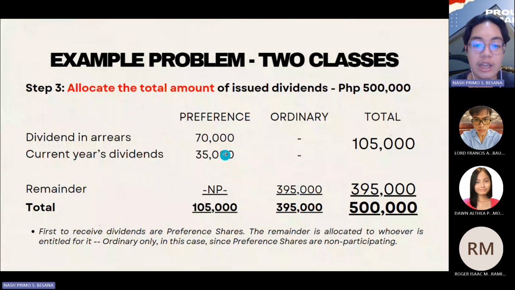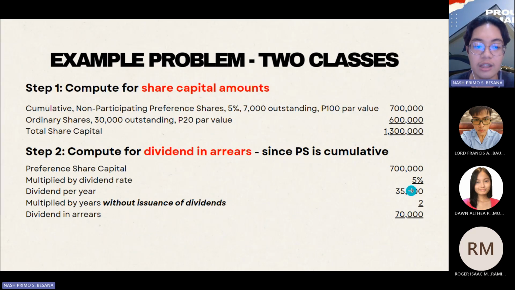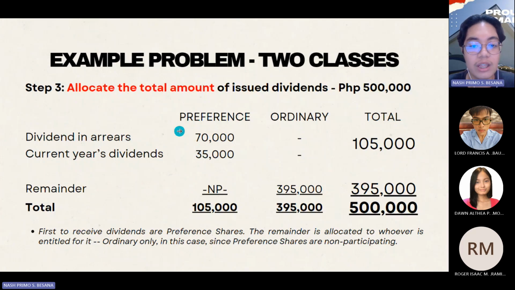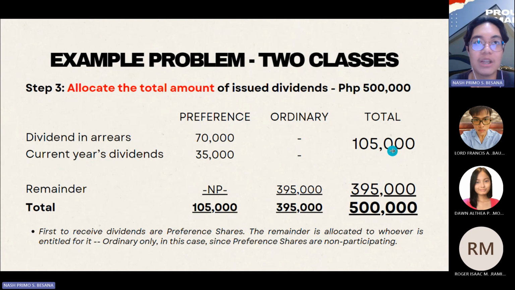So dapat mo ring i-consider yung current year dividend na 35,000. Saan siya nakuha? Dito lang din sa dividend per year na 35,000. Hindi na siya ginalaw kasi nga isang taon lang naman si current year. So 35,000 na siya as is. So 70,000 na dividend in arrears, current year's dividends na 35,000 would already give you parang a subtotal of 105,000.